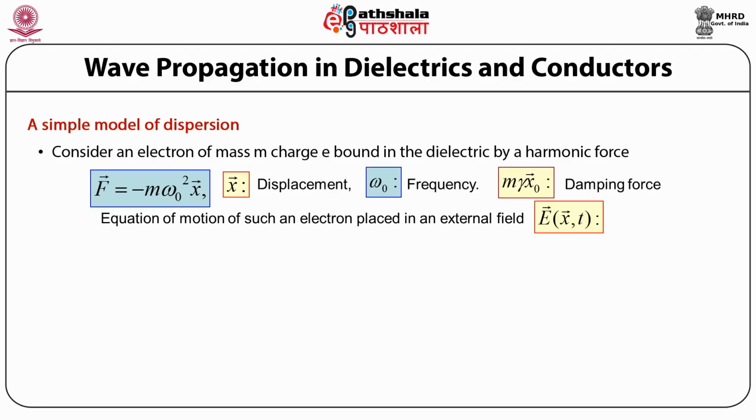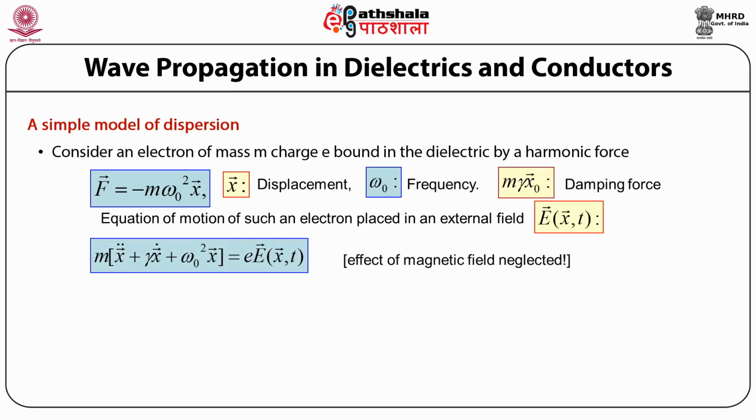If there is also present a damping force m gamma x dot, then when the charge is placed in an external field E ext, its equation of motion is m x double dot plus gamma times x dot plus omega naught square x, which equals e E ext.